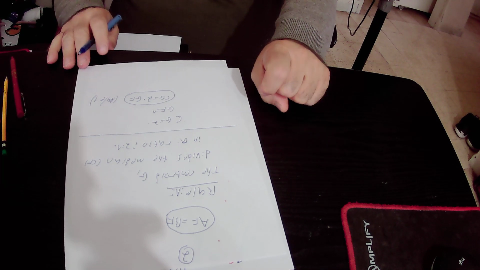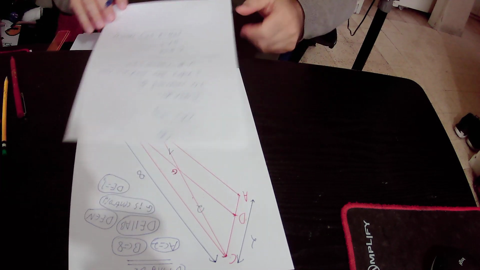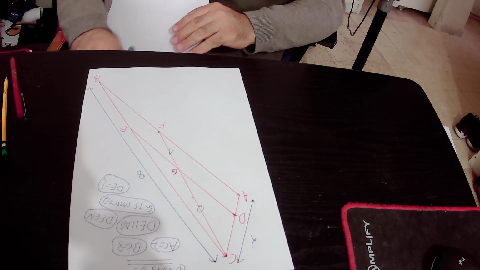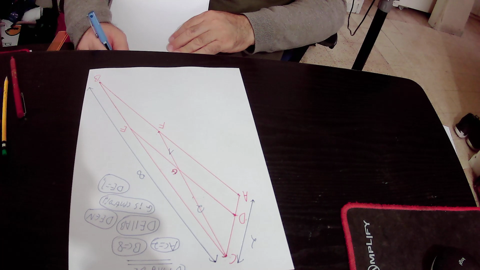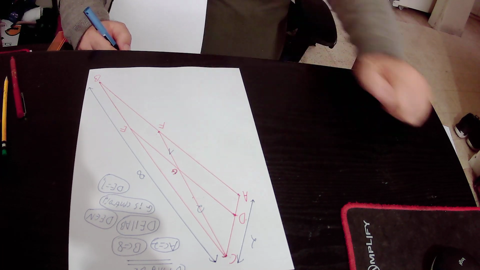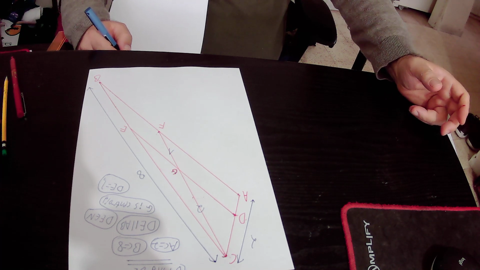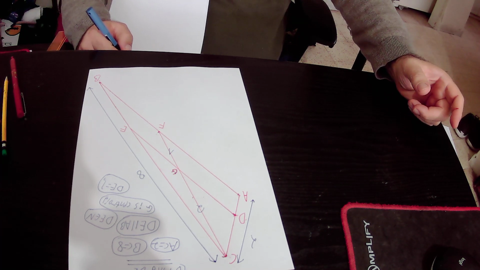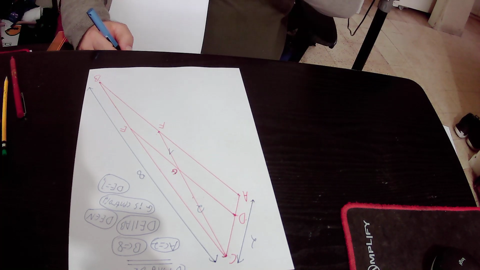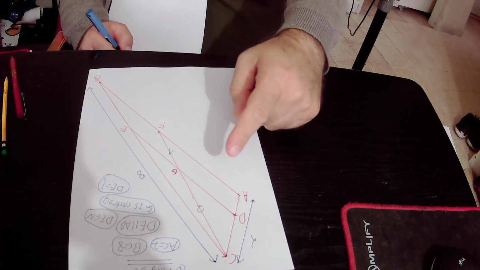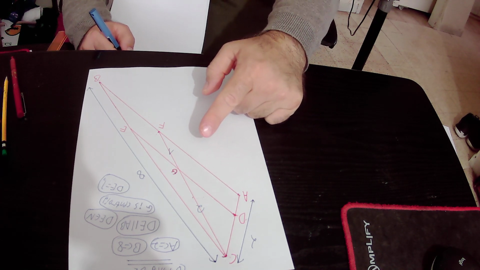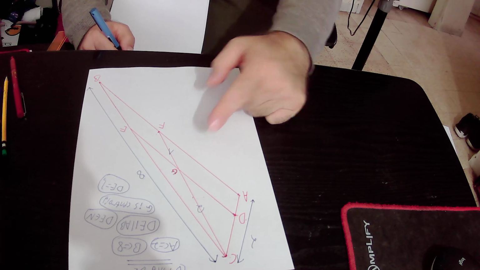So we actually can implement rule number 1 in our drawing, because in our drawing we have the centroid G, and according to rule number 1, the centroid G divides the median CF in a ratio that equals 2 to 1. That is to say, if CG equals 2 units, then GF equals 1 unit.